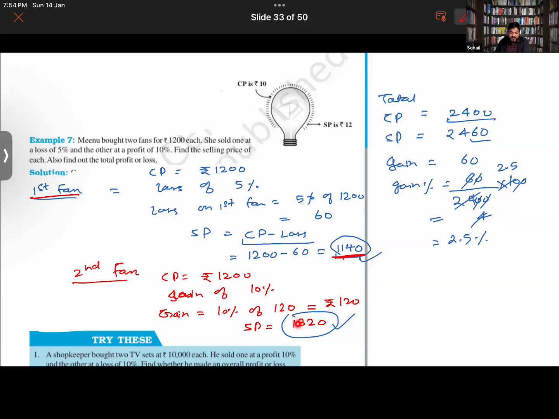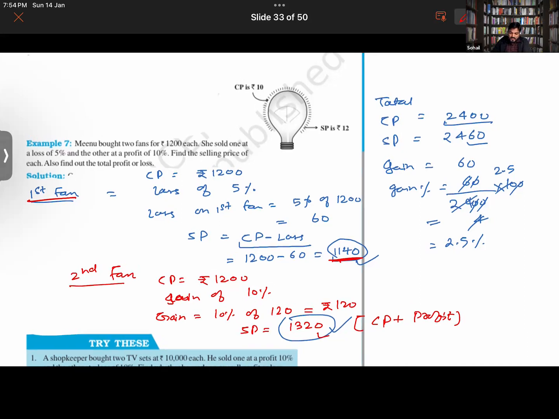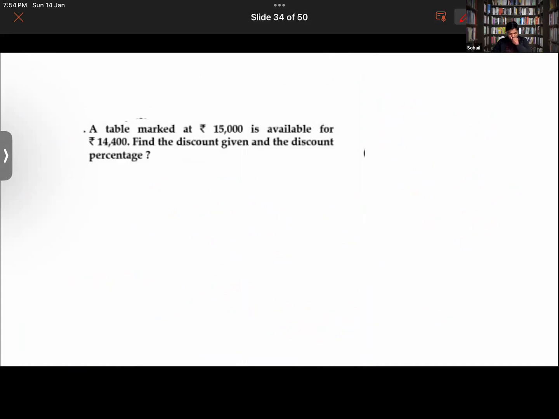So on this it will be simply gain plus cost price. मैंने directly यहाँ पे लिख दिया है, but selling price should be cost price plus profit. Profit or gain both are the same thing. Okay ना? Did you get that or not? Yes, sir, I got it. Okay ना? Now have a look at this question.